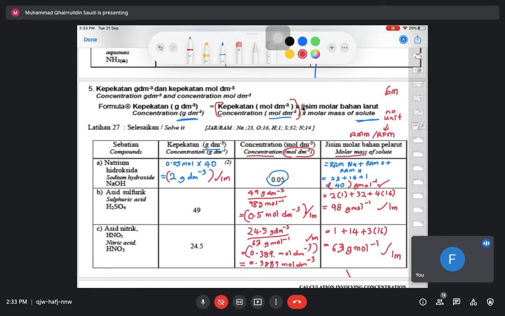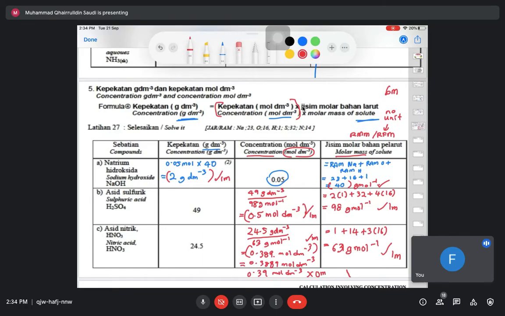Okay, if let's say your answer is 0.39, you write 0.39 mole per dm cube. Okay. To make yourself remember, don't give marks for your answer. For example, if you write 0.39 mole per dm cube, then you won't get the mark. So that you will remember.